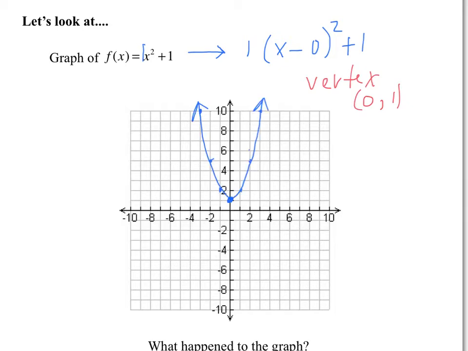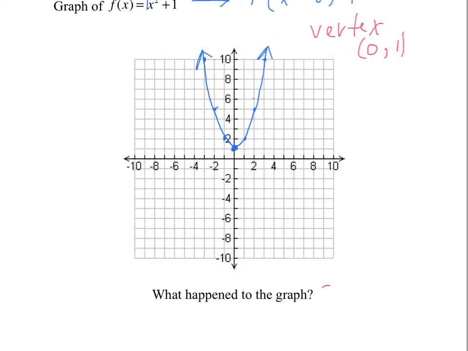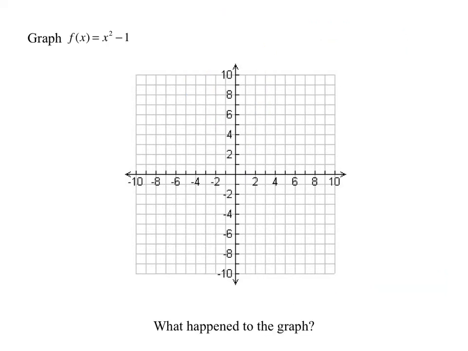So with this new parabola here, we'll note that the parent parabola has shifted up 1 unit from 0, 0 to 0, 1. And that's the explanation we have here. Shifts up 1 unit. Let's observe what happens here in this example.